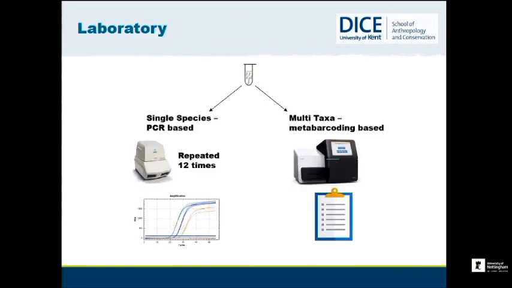The lab then have two routes they could take. They could either target a specific species that you're interested in, which is what we have been doing quite a lot with great crested newts. I'm sure a lot of you are aware of this, where if great crested newt DNA is in the sample, you put it into this PCR machine and you get a spike on the computer if great crested newt DNA is present.